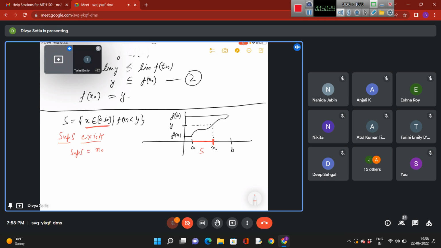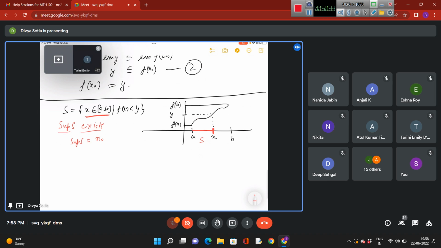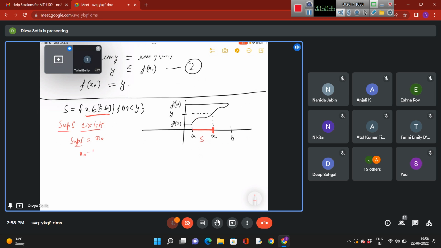Now what happens is, since it's a supremum, for x0 minus 1 upon n there always exists a sequence of points of S, for each n. Call them yn. Now yn converges to x naught.